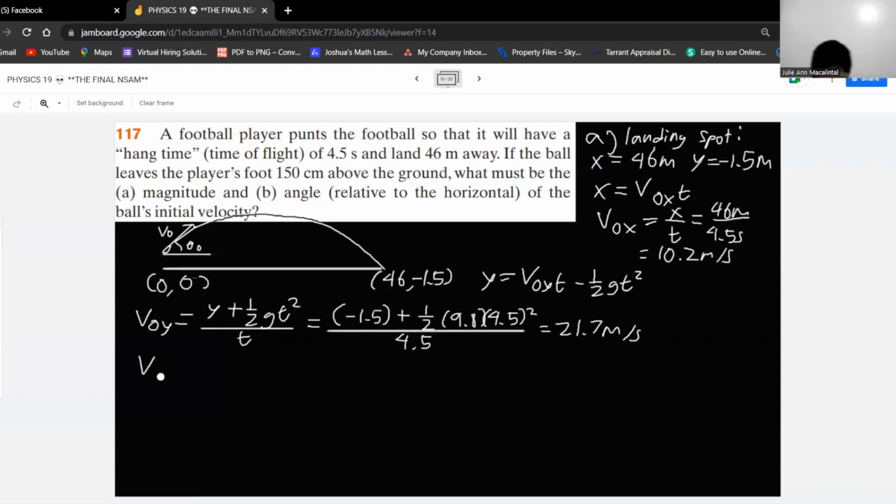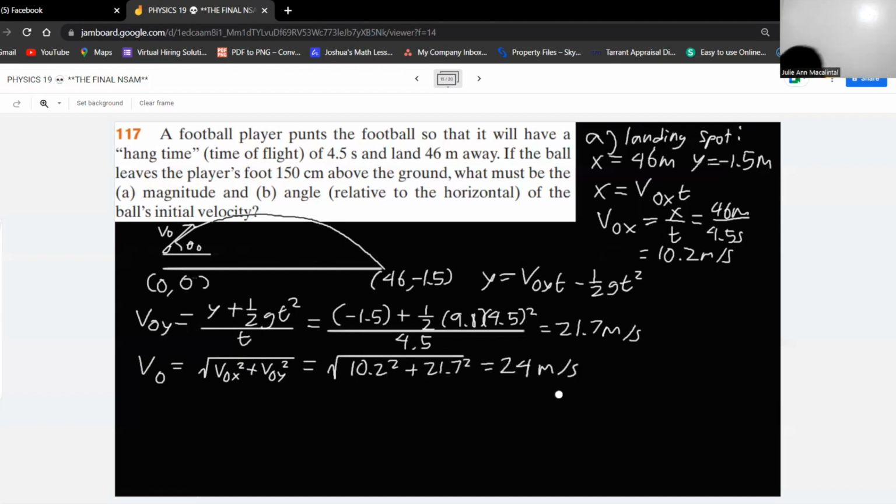Okay, so magnitude is, yeah, 117. Okay, 24.